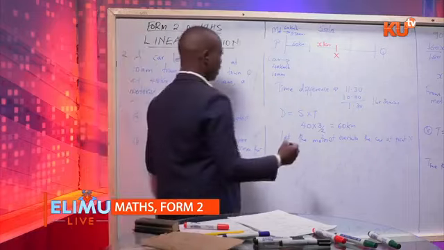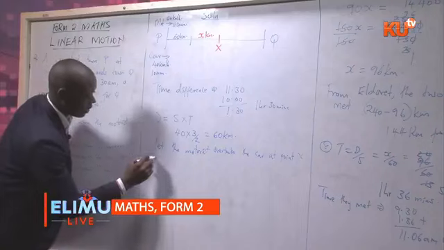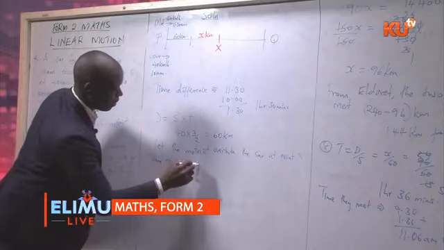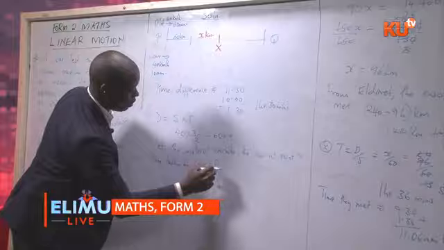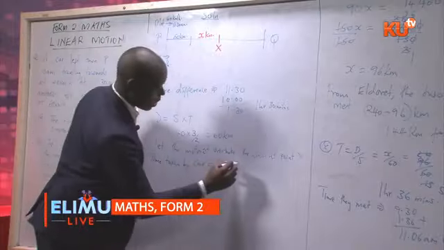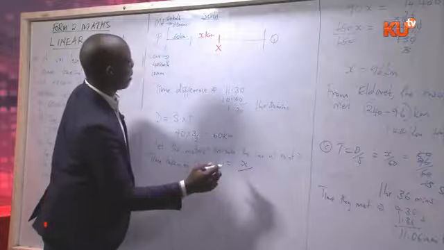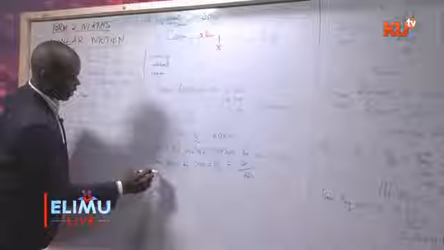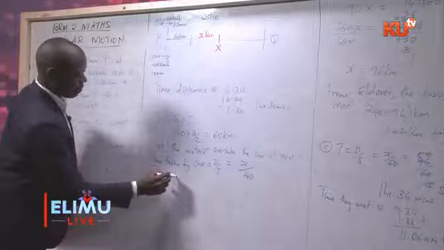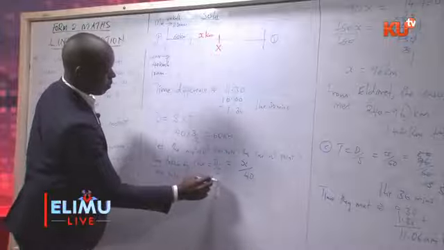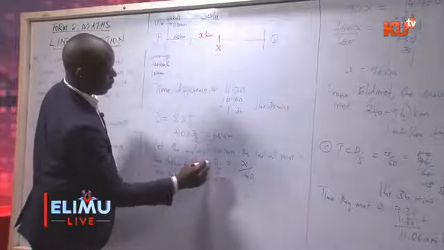So we'll say the time taken by the car, distance over speed. The distance will be X, and the speed for the car is 40. Time taken by the motorist, again, distance over speed.